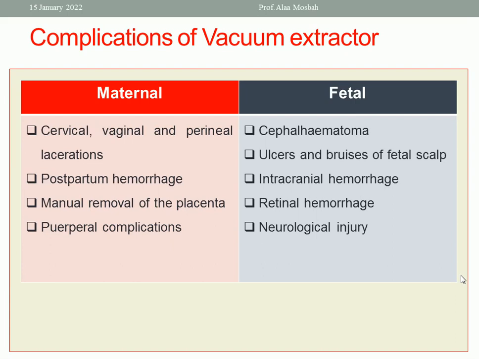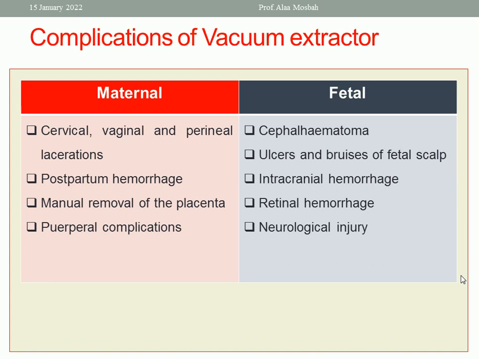But it may happen with vacuum. Postpartum hemorrhage and manual removal of the placenta may happen if you are using vacuum extractor. So there is increased risk of manual removal of the placenta, and puerperal complications also.